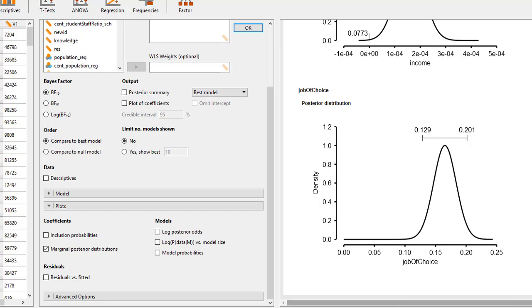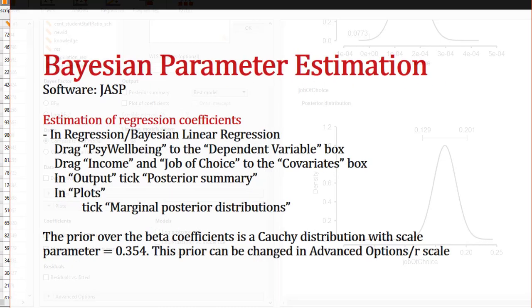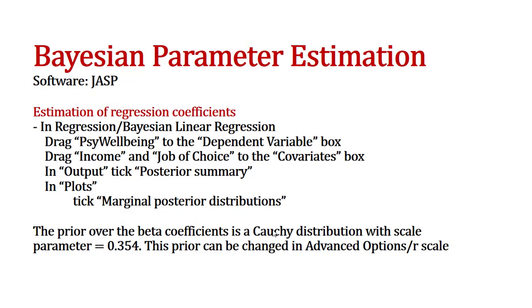So that's our estimation of the regression coefficients using Bayesian parameter estimation. The only thing I need to say about that is what the priors are. So the priors, we use the default prior that JASP uses, which is a Cauchy distribution.